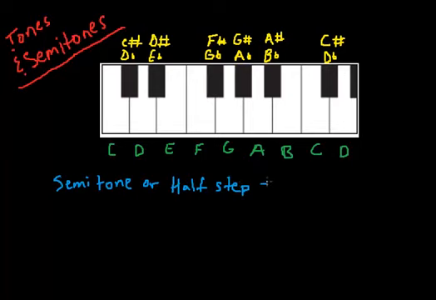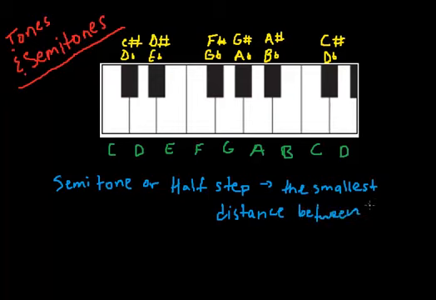This is basically the smallest distance, again, smallest distance between any two adjacent keys. And this could be between black and white or white and white, either way.